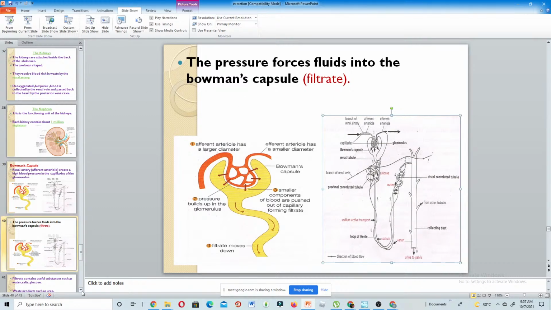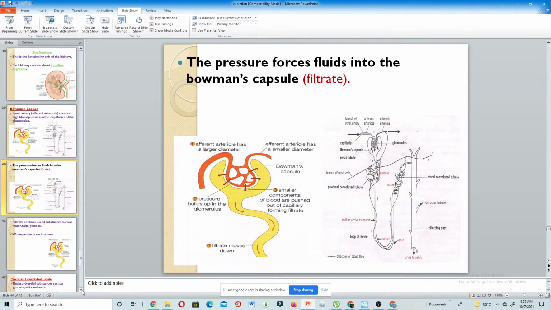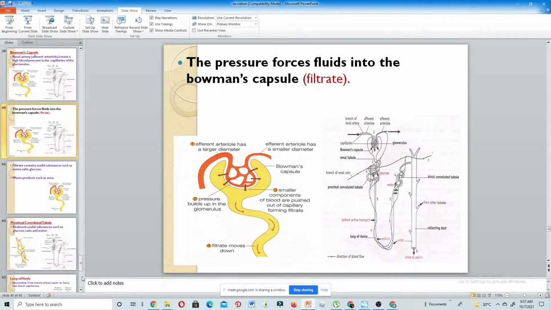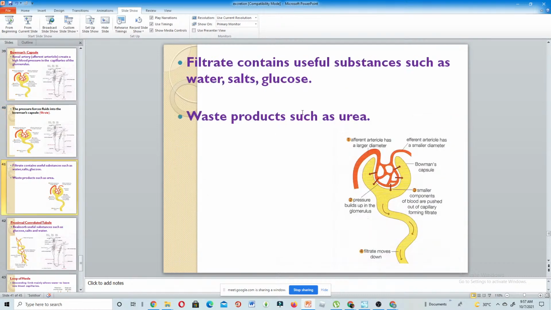Alright, let's move on and see what they said this filtrate will contain. The fluid that is forced through the walls of the capillaries, we normally call that fluid filtrate, and it contains different substances. So we're going to move on and see what it contains. The filtrate contains useful substances such as water, salt, glucose, and waste products such as urea.